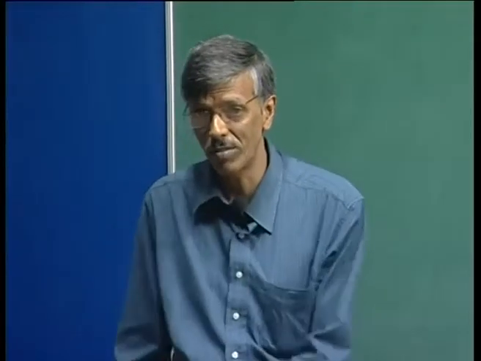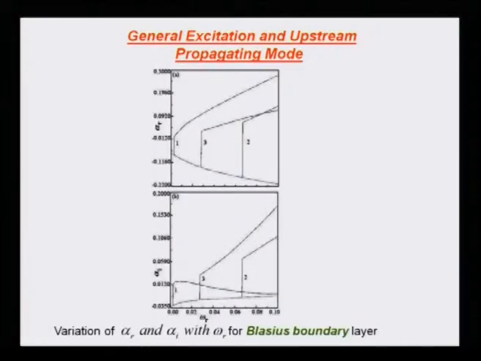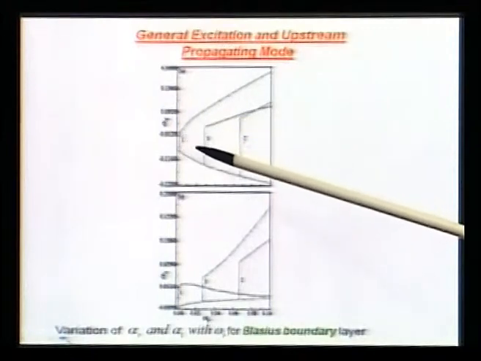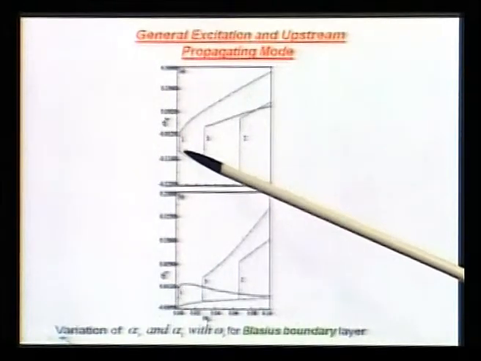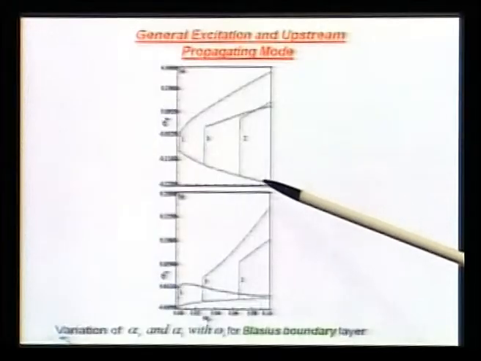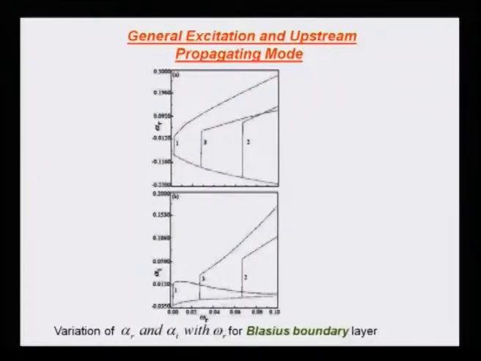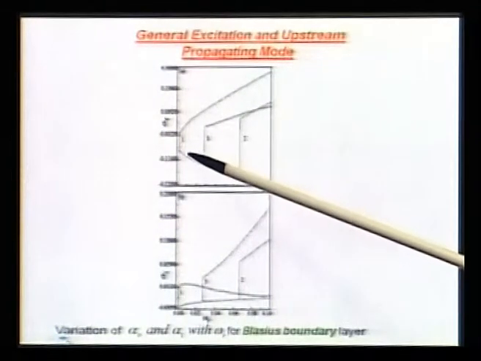And this is what we just now studied. So along with modes whose phase propagates downstream, we always have at least one mode whose phase actually propagates upstream. And this is always there. So when these disappear, this will still remain.